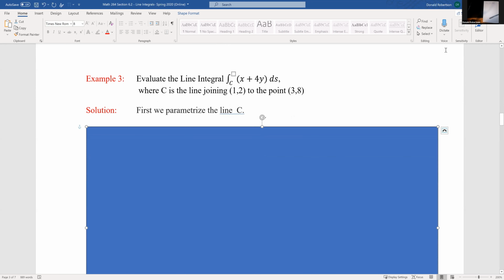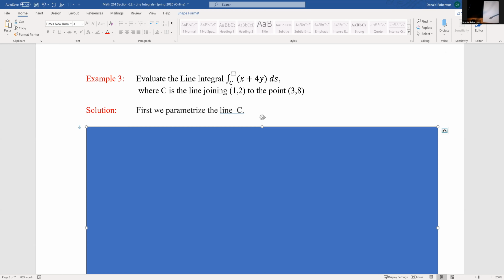Okay, our next example. Suppose you're being asked to evaluate a line integral of this format. Now, the first one we got, they gave you everything. The second one, we had to create the parametric equation of that half circle. This time, we've been told that you're joining 1, 2 to 3, 8.